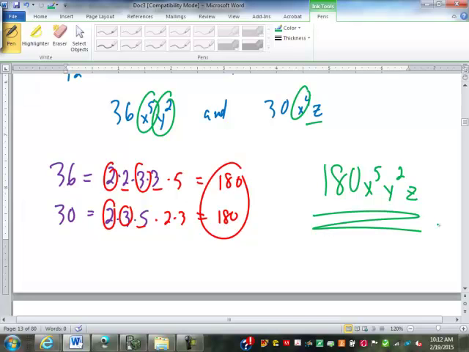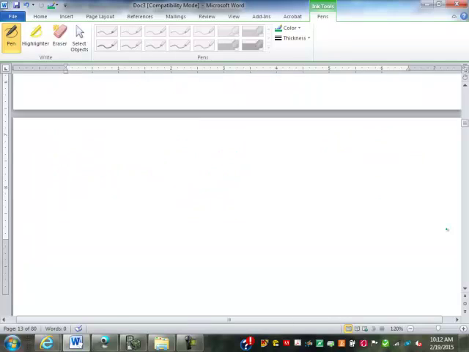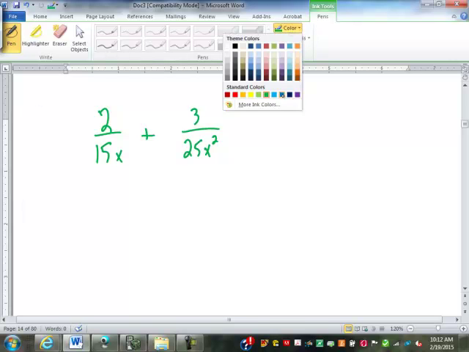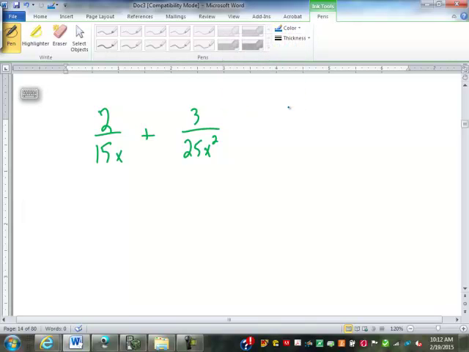Okay, so now let's go back to the fractions. Something like this. Okay. So again, we're ignoring the variables for now. 15 and 25.